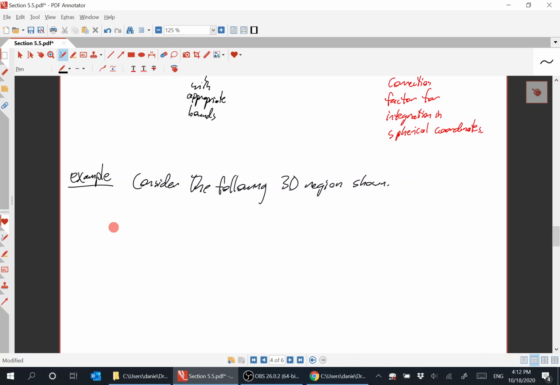So we'll again take the cone, just 45-degree angles on each side. But instead of being topped by the sphere centered at the origin, let's have one that's not at the origin.